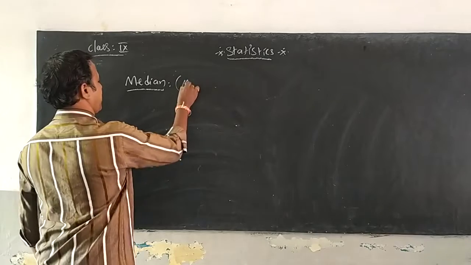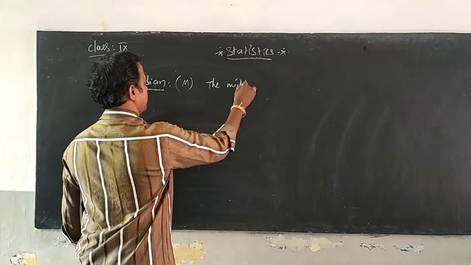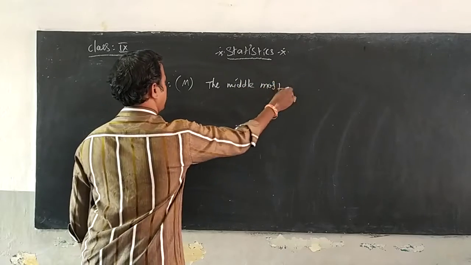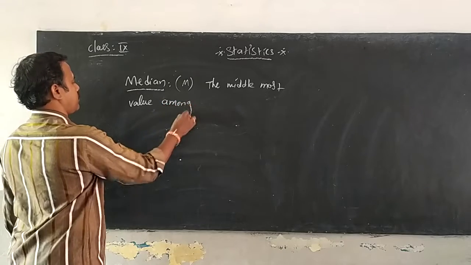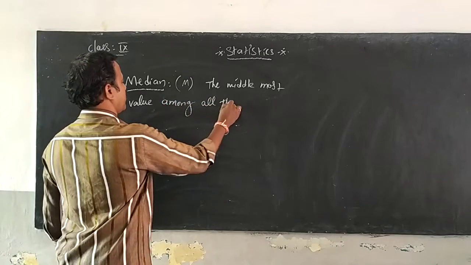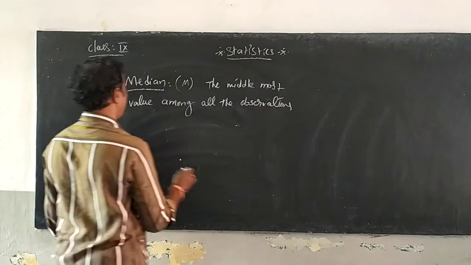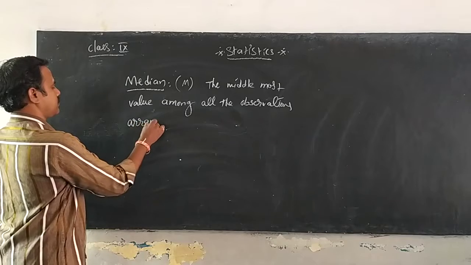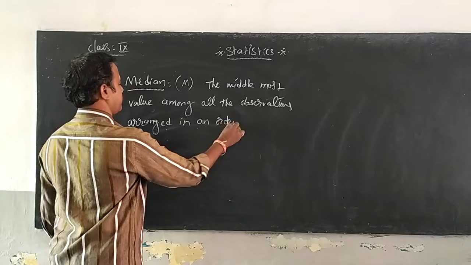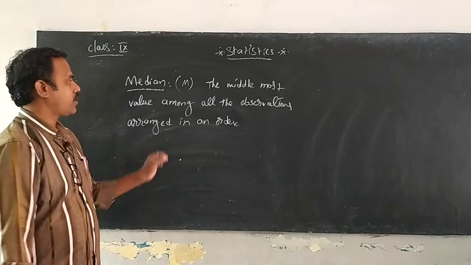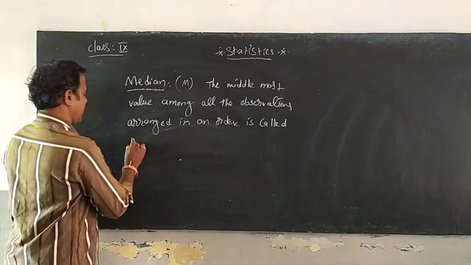Median. It is represented by the letter M. The middle most value among all the observations arranged in an order is called median.